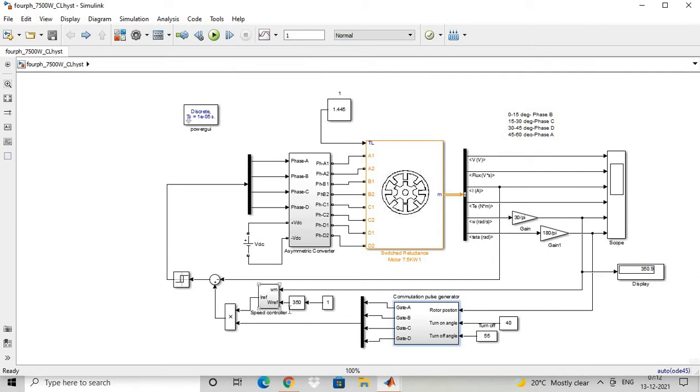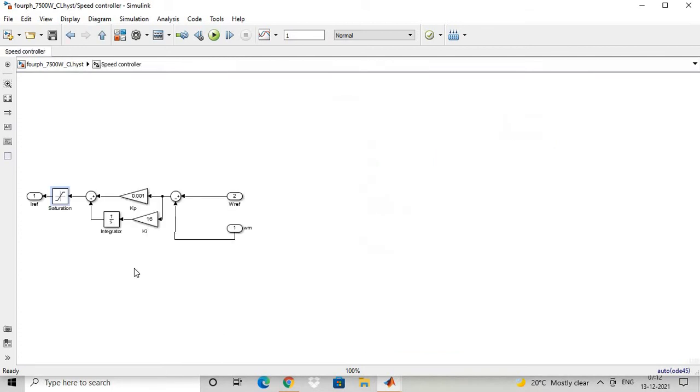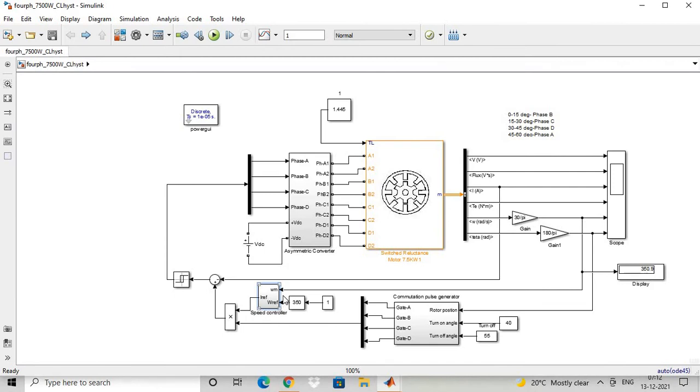Here we have used the speed controller, which is a PI type controller. If we go through the block, omega m, the actual speed of the motor taken as a feedback signal, is continuously compared with omega reference, the speed which we want to obtain.